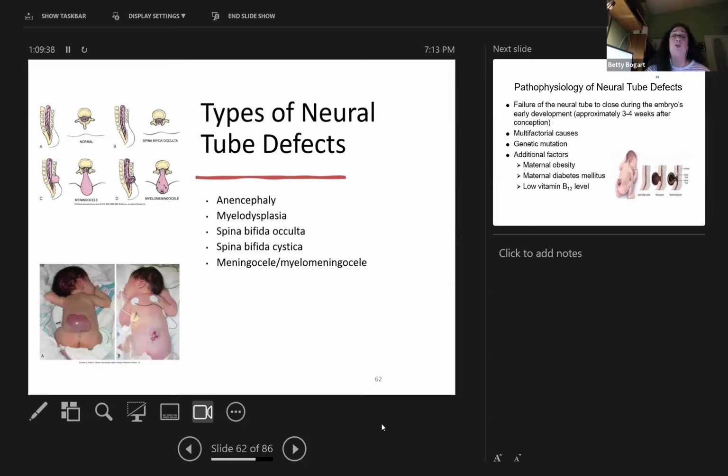Now, types of neural tube deficits. Do you remember in pharmacology when they told you that folic acid is needed or you could have neural tube deficits? Well, this is your neural tube. And I was like, oh, this is interesting. Now I can show it because I taught pharm for a while. But anyway, that big purple bulbous thing on the back of that infant is the spinal column and meninges.